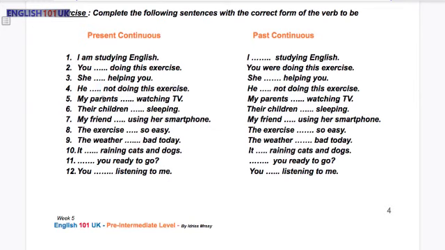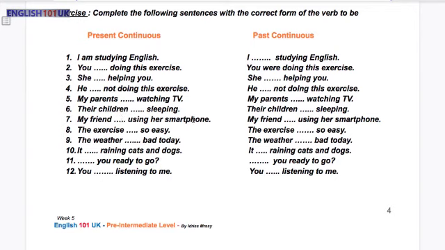5. My parents are watching TV. My parents blank watching TV. 6. Their children are sleeping. Their children blank sleeping. 7. My friend is using her smartphone.